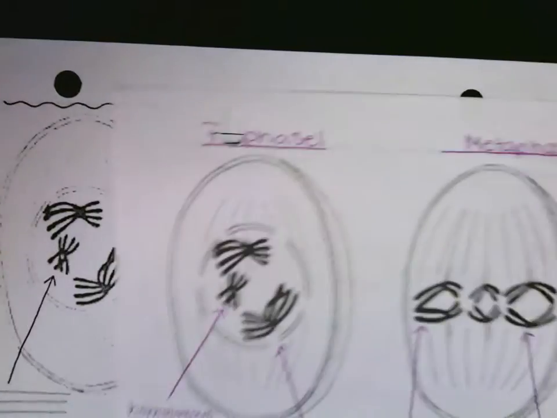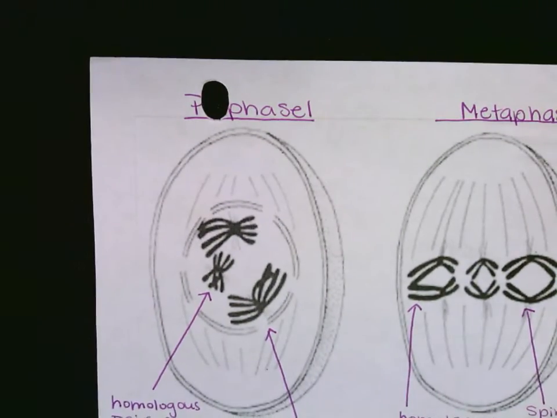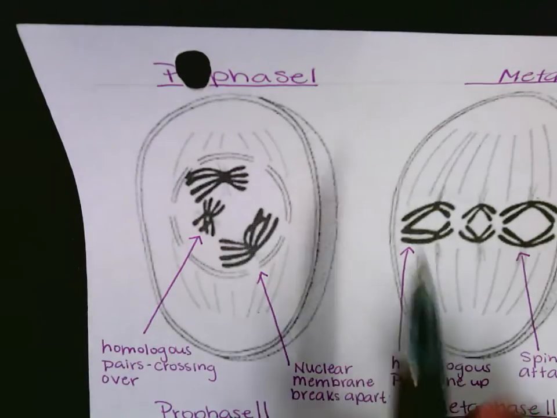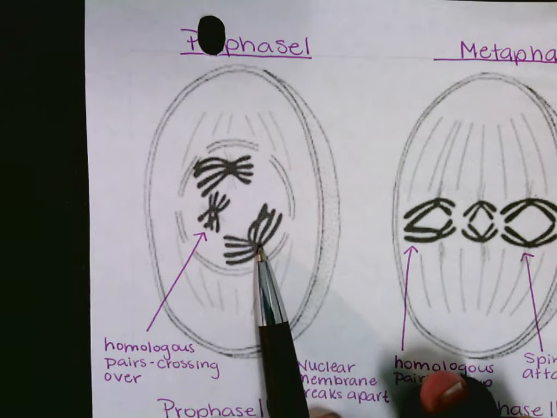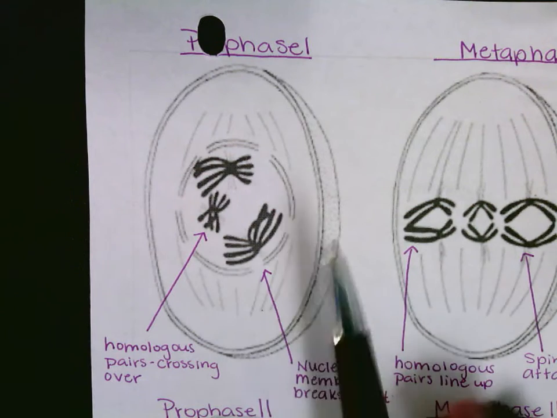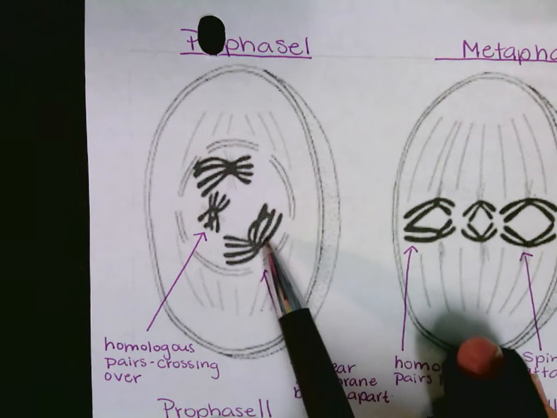So the first thing that we have is prophase 1. In prophase 1, we have homologous pairs that are crossing over. So those homologous pairs, your chromosomes that are lined up right beside each other, have the same genetic information in the same order, and so they're allowed to swap that information.